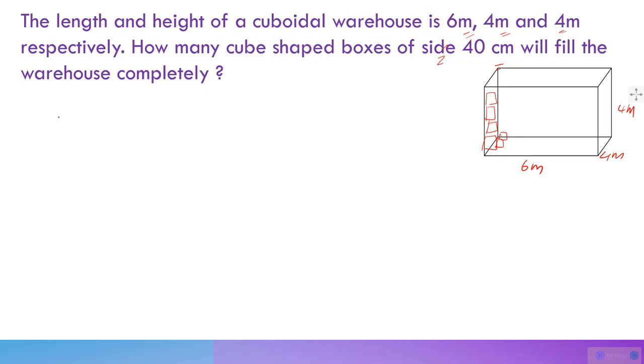So there are 3 stages for the problem to solve. First phase is find the volume of the warehouse. That we will do. Then we have to find the volume of each small box.